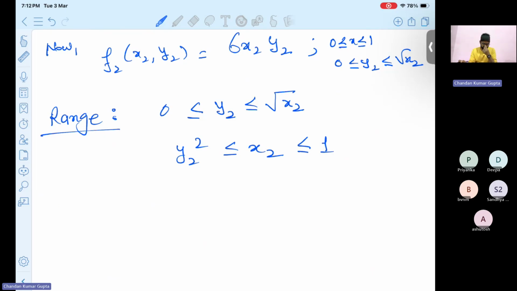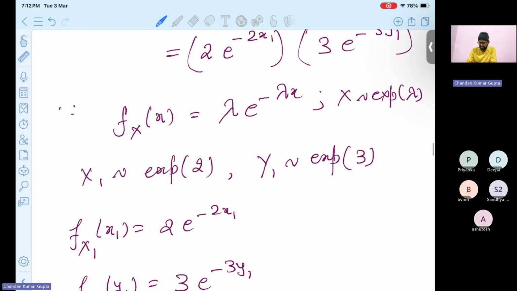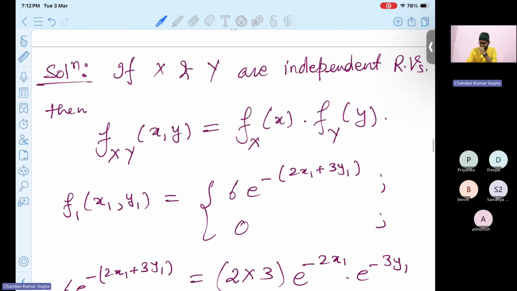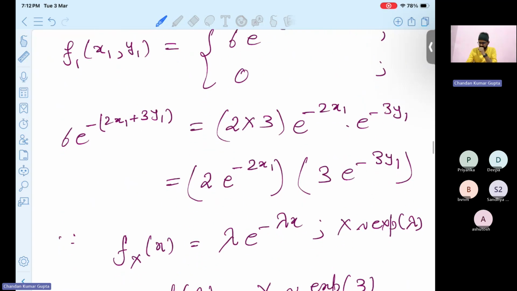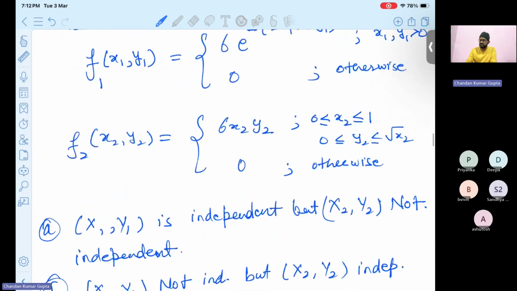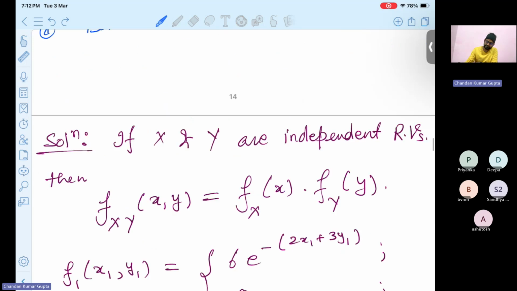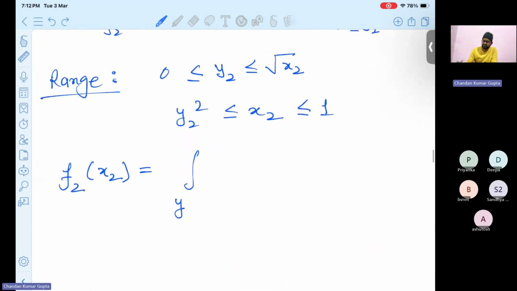Now our first aim is to find the marginal of x2. Since it is the marginal of x2, we integrate over y2. The range of y2 comes out to be 0 to root of x2.